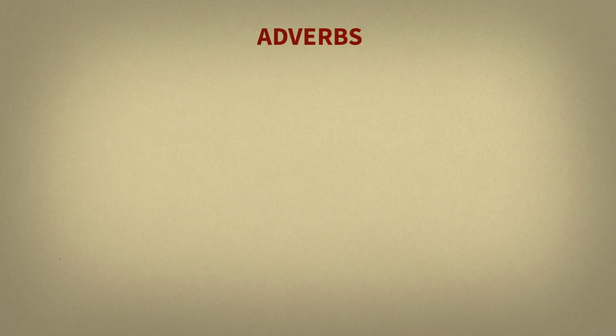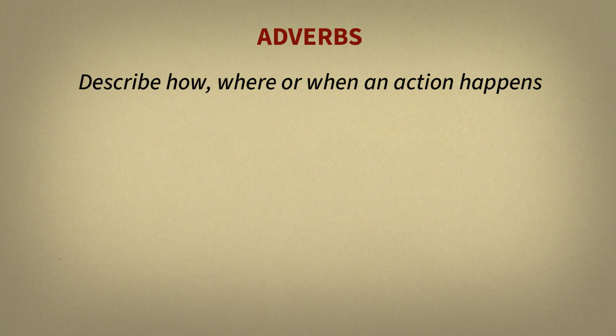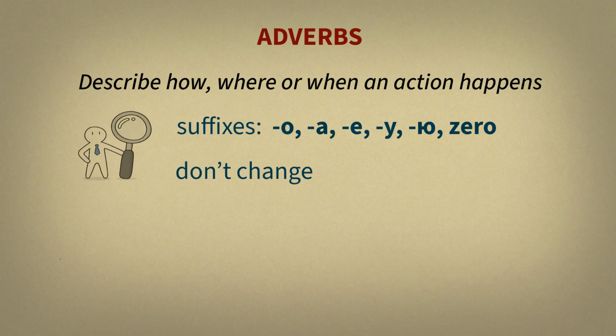The following part of speech is adverbs. Adverbs describe how, where, or when an action happens. Adverbs don't change. That's why they don't have endings. But they have suffixes, such as о, а, е, у, ю, и, and zero suffix.